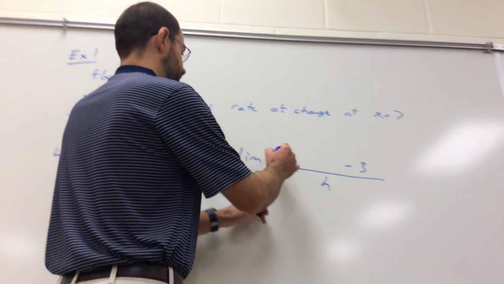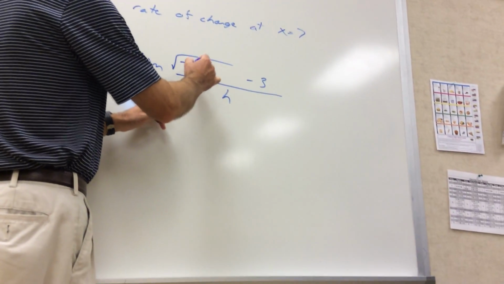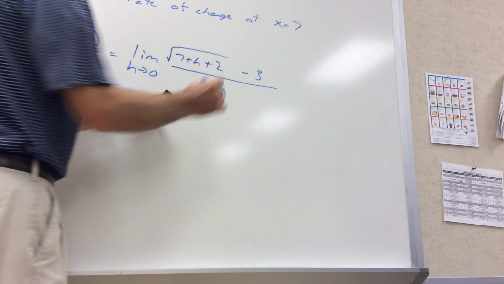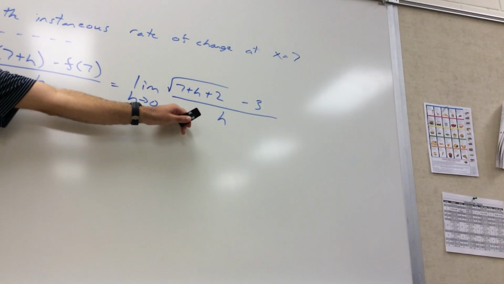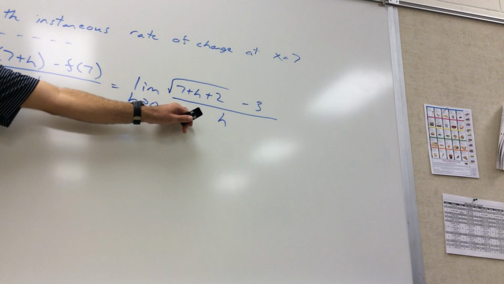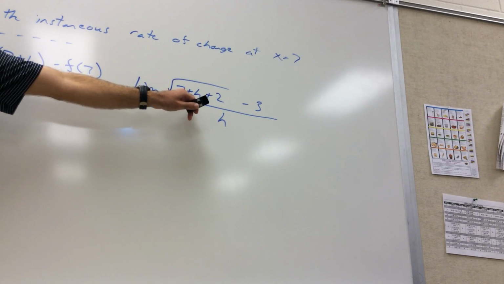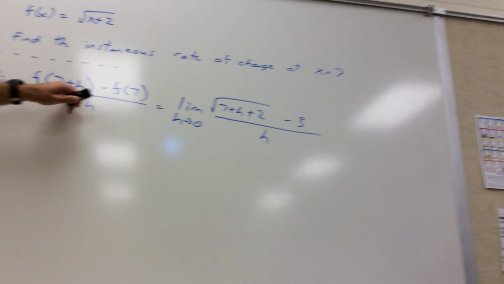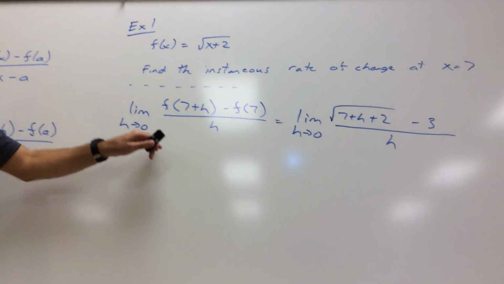So it'll end up being the square root of 7 plus h plus 2. So that's a little bit tricky there, but all I did was replace the x with 7 plus h. Because that said do that, put 7 plus h in for f.